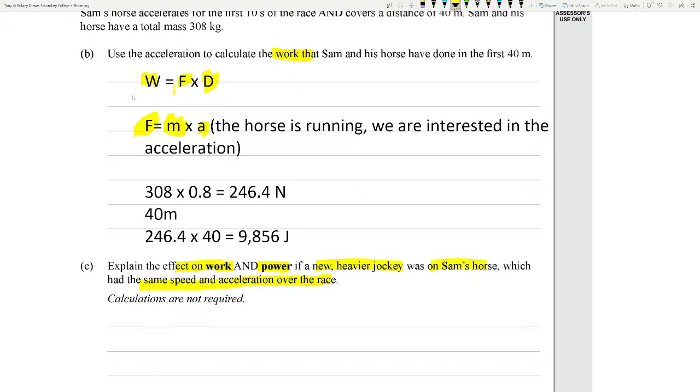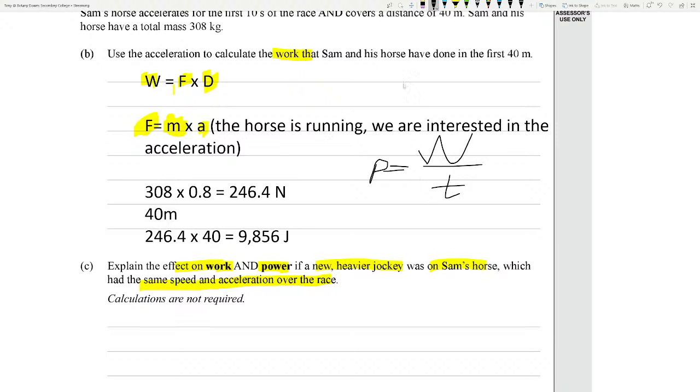Now, if the new combination of the horse and the new jockey finish the race in the same amount of time compared to what they had before, remember, power is work divided by time.